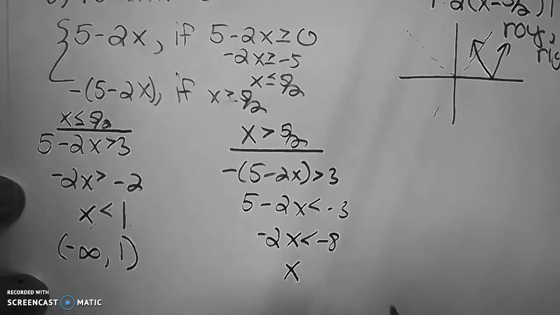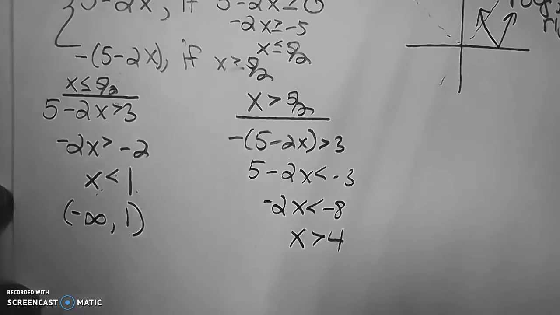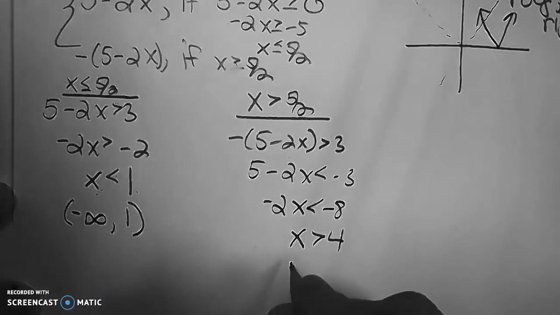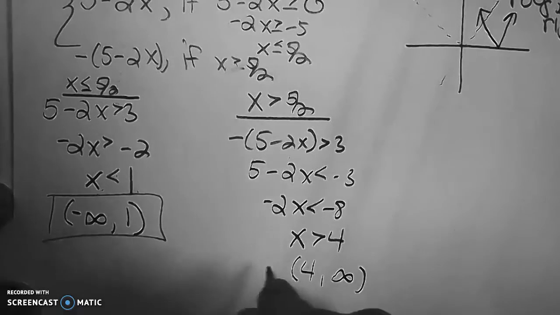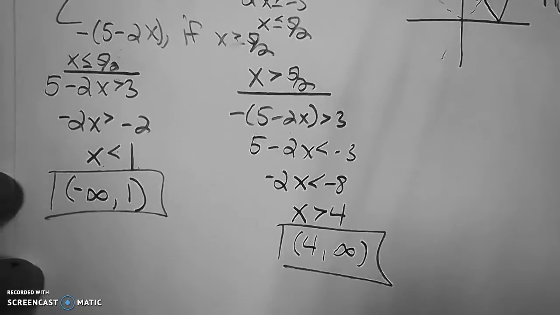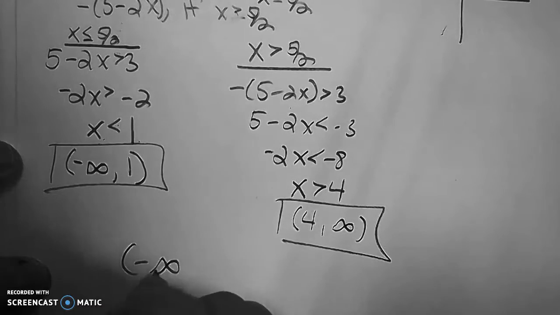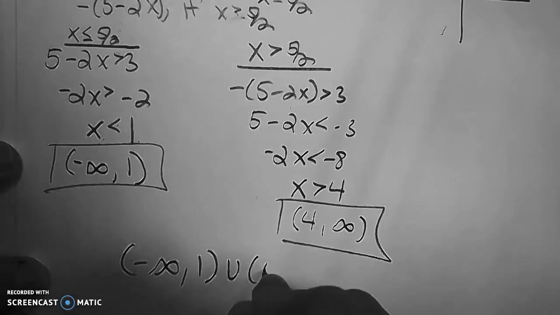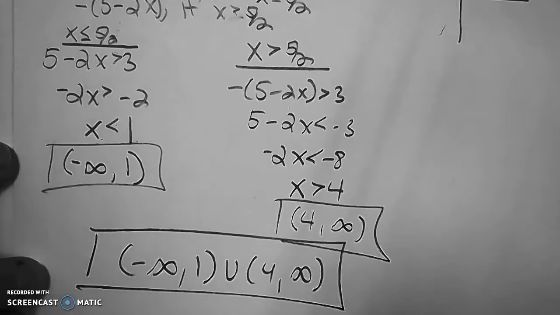Let's see, divide by another negative, so my sign will change once again, so I get x is greater than 4. Well, all values greater than 4 are also greater than 5/2, so I'll have 4 to infinity. So as I think about these two intervals that are solutions, the only way that I can write them as one interval is a union. And there we go.